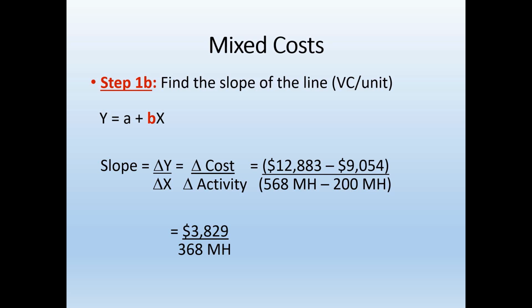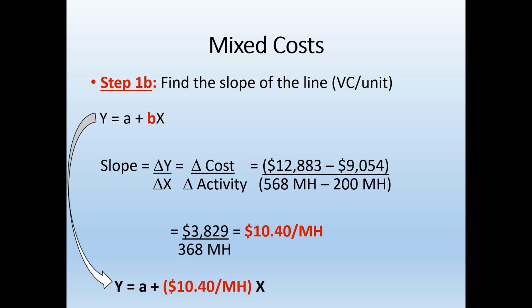When we divide this out, we get 10.40. In other words, this firm estimates that it costs them $10.40 of machine costs per machine hour used. And we can plug that into our formula for B, the slope of the line.